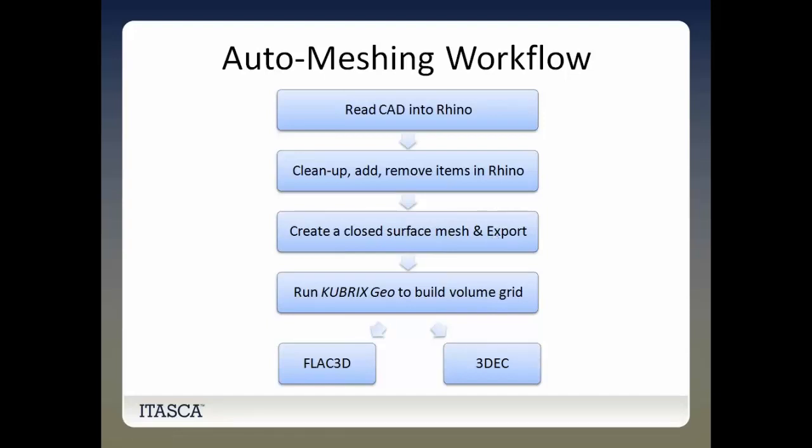We use the STL file format, but Kubrix can read all sorts of file formats. Then run KubrixGEO to build grids, a grid for FLAC3D, or what we call a grid for 3DEC, which is really a grid of blocks, which then 3DEC will further discretize into 3D zones.